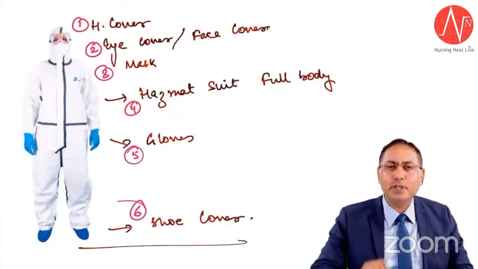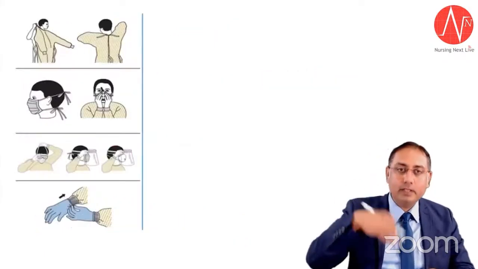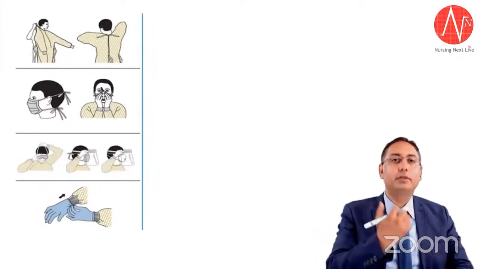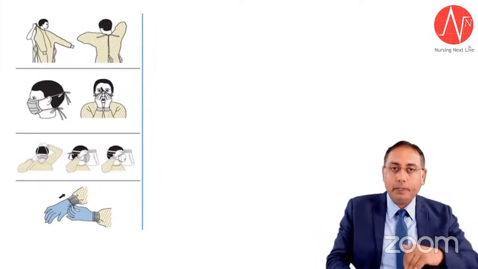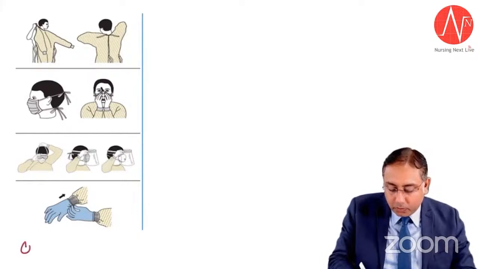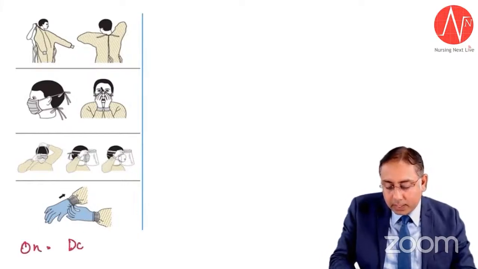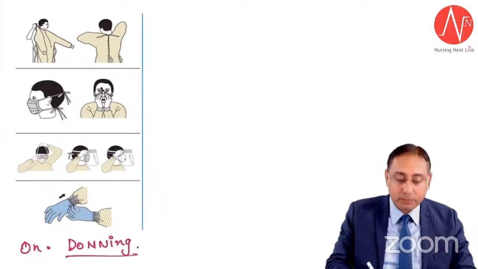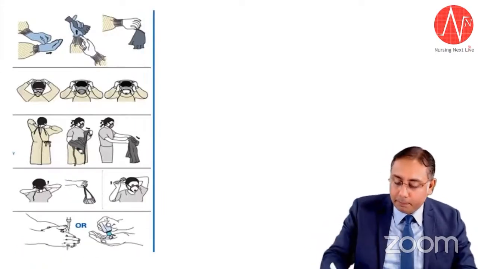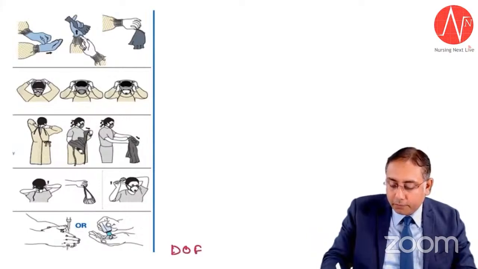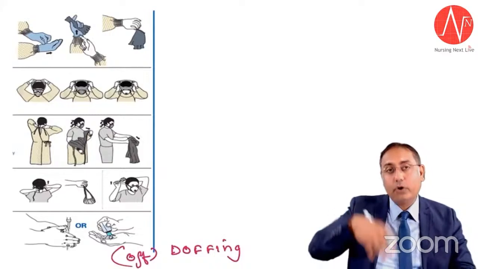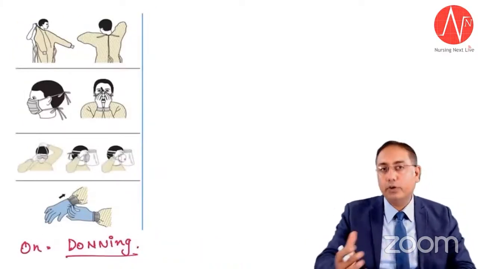Next, sometimes the examiners may also ask how you wear the PPE or how you take it off. Wearing the PPE is called the donning procedure, whereas taking off the PPE is called the doffing procedure.